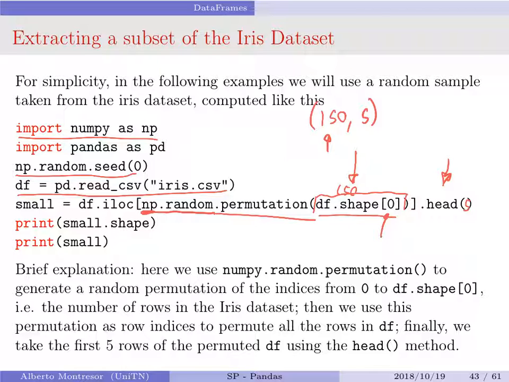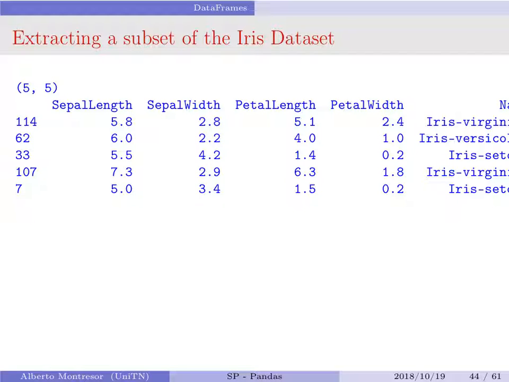entire dataset. Okay, so when I print the small shape, I shouldn't get 150. I should get 5, and when I print it, I get only a subset of that. In fact, I get 5, which is the new size, and these are just random rows in the entire dataset.